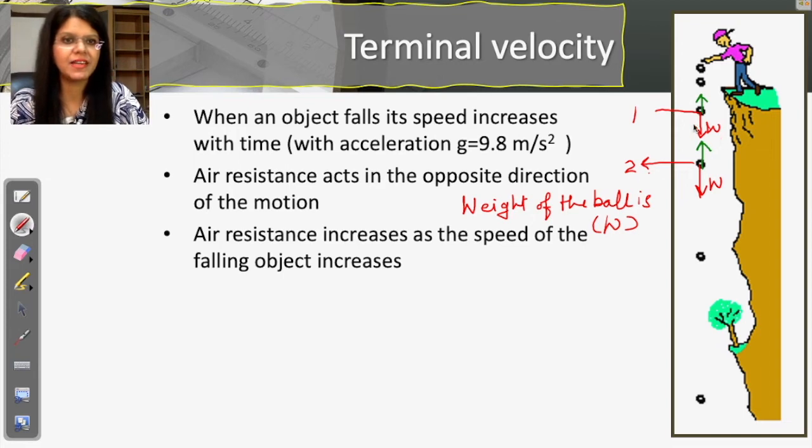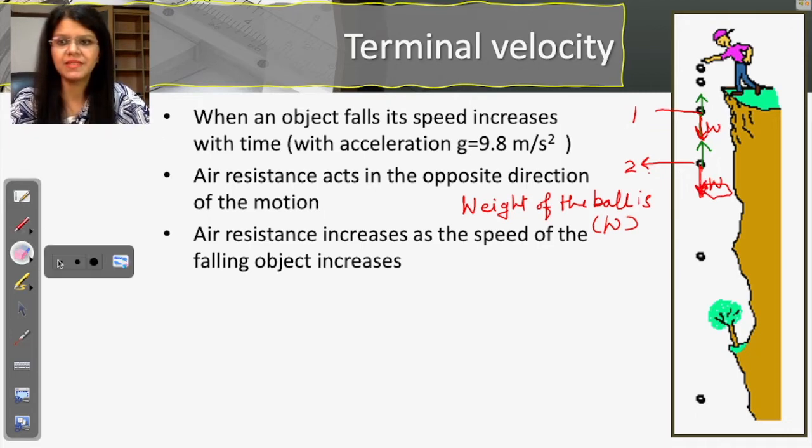The length of the arrow of the weight here. Let me use the red color for the weight, sorry. The weight arrow is the same length. This length and this length, they are exactly, precisely the same. Sorry, some mistake here. I'll just erase this.